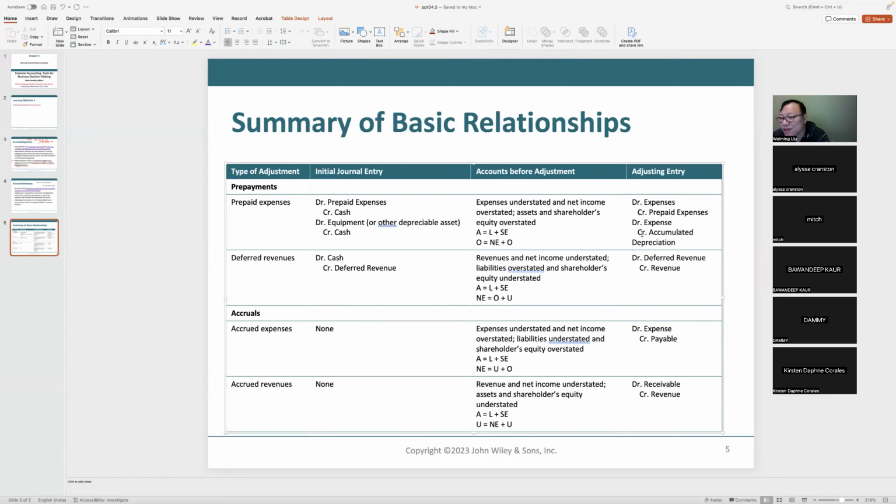Note that for prepayment, you would have an initial journal entry, and then on the year-end date, you have an adjusting entry. But for accruals, there is no initial entry. They only have the adjusting entry. So that's the difference between prepayments and accruals.